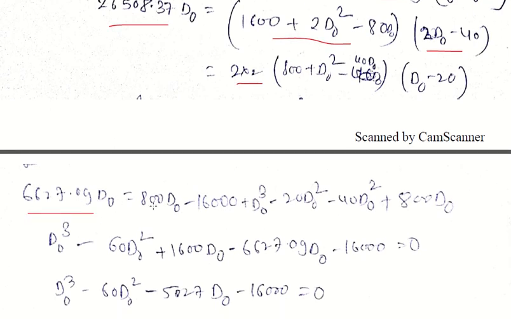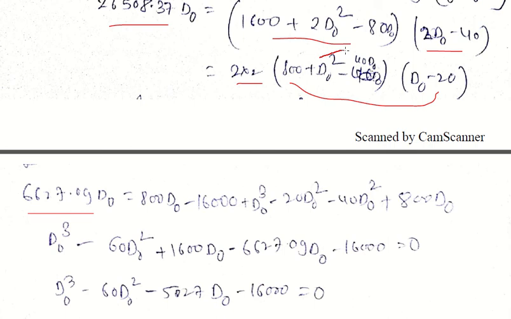6627.09, the outer equals 800. We multiply both the brackets: 800 into the outer, again 800 into minus 20, so it will give minus 1600.